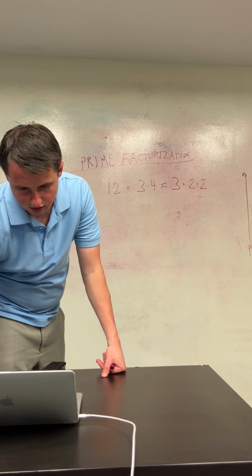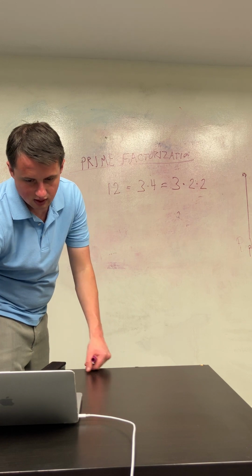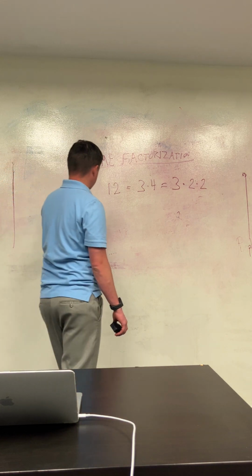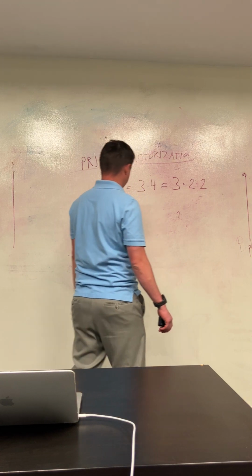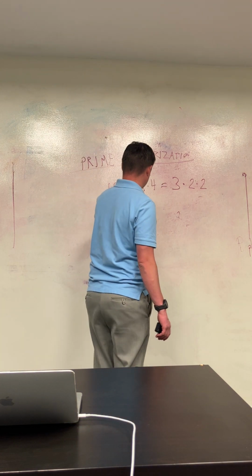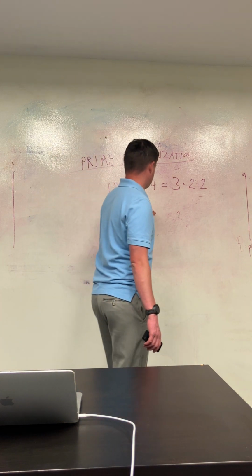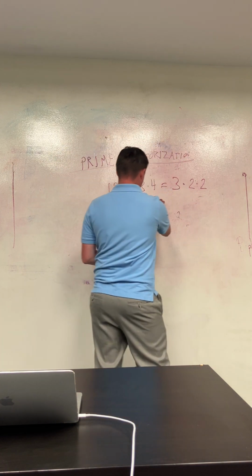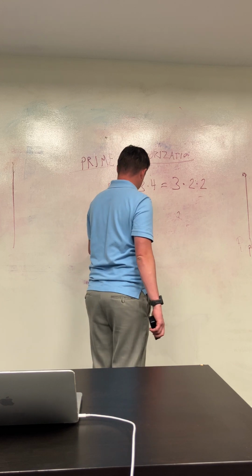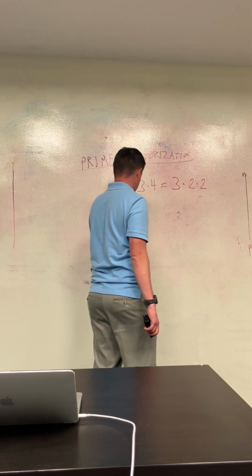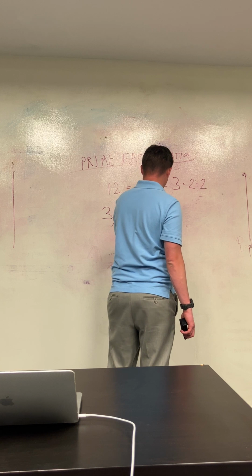Let me get a good one for you. How about 36? We know 36 is 6 times 6. I'm going to write it beneath: 6 is 3 times 2, and 6 is 3 times 2.